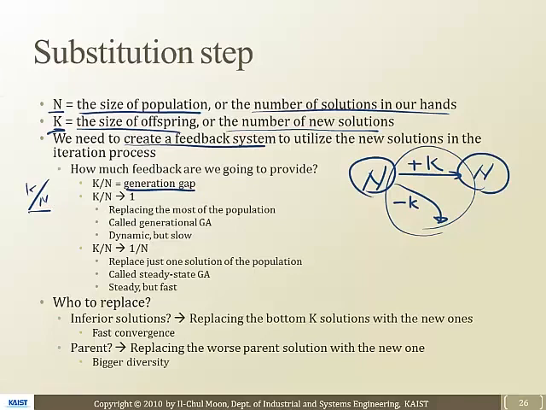So if the generation gap becomes large, it means that we are replacing almost all the population. If K divided by N equals 1, it means that K and N are almost equal, right? Then it means that we are replacing almost most of the population.